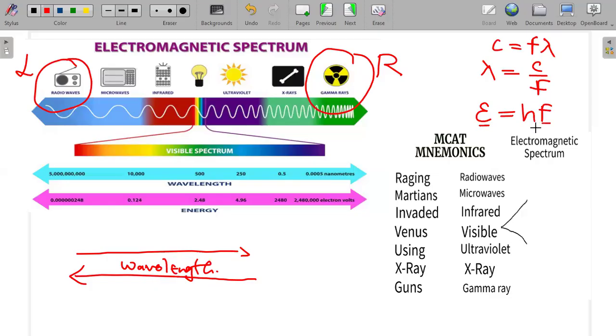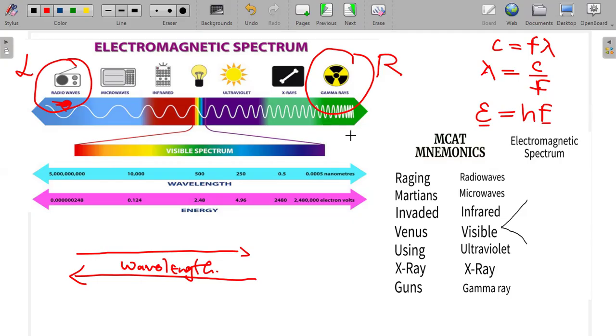Since these radio waves have the largest wavelength, they are going to have the smallest frequency, because these two are inversely proportional.